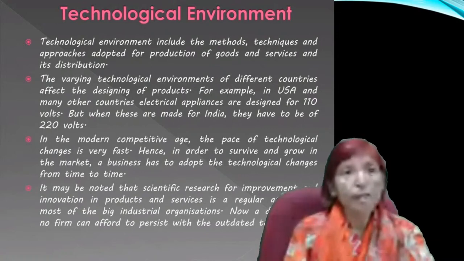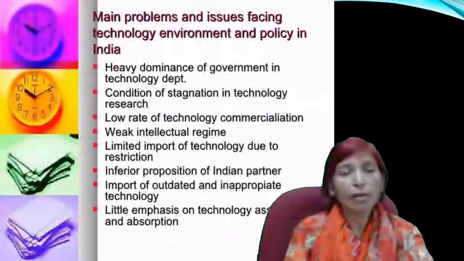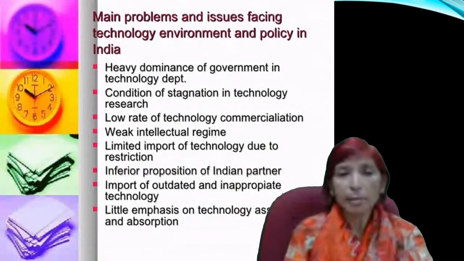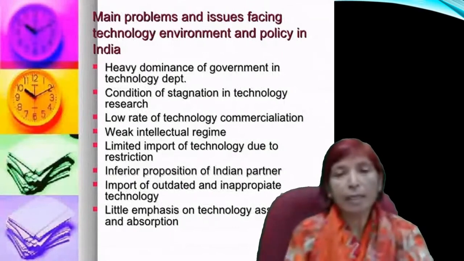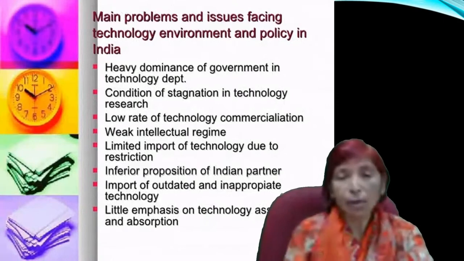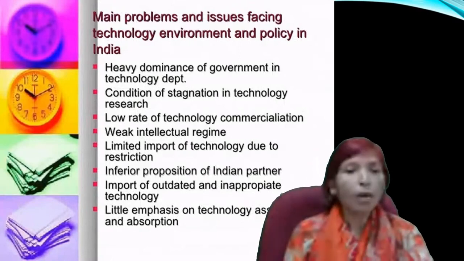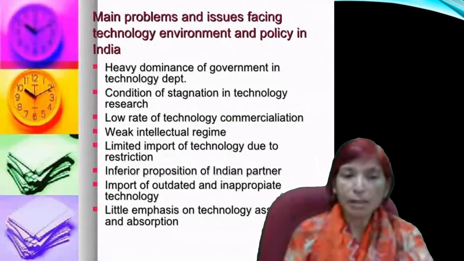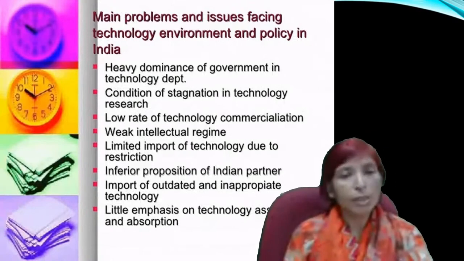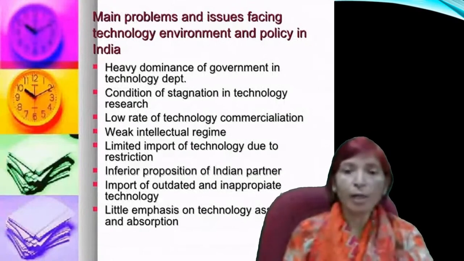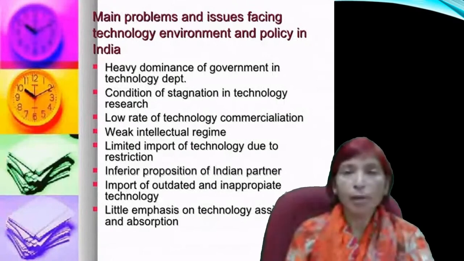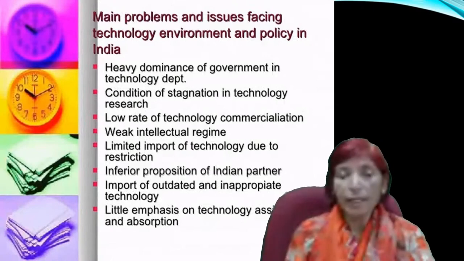Next is main problems and issues facing technology, environment and policy in India. The main problem is the heavy dominance of government in the technology department. That's why it takes too much time to adopt new technology. Conditions of stagnation in technological research, low rate of technology commercialization, weak intellectual property regime, limited import of technology due to restrictive trade policies exist in India.